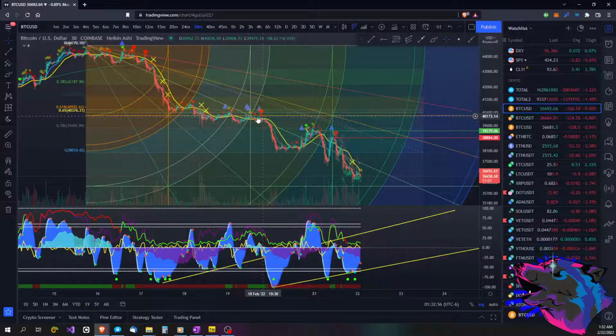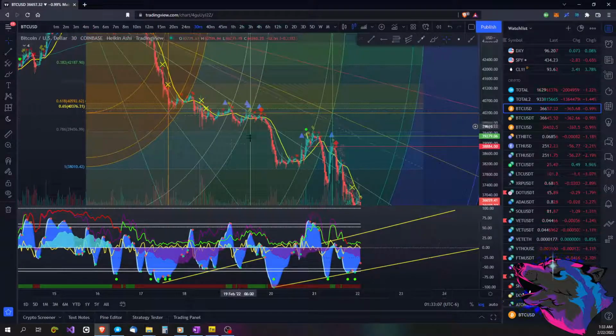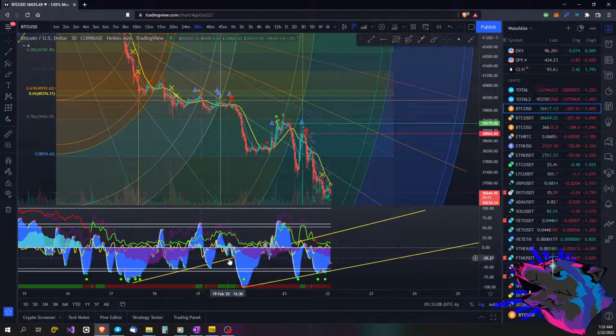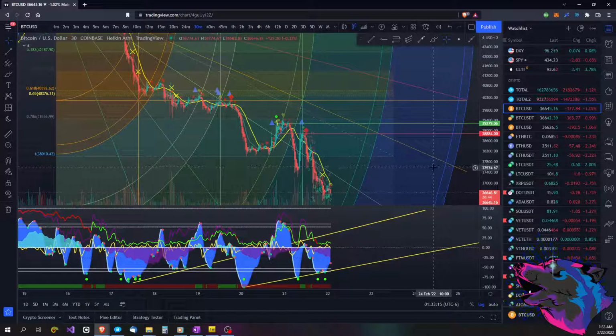After our down, this was our uptrend, which was damn near more down than up. It was just sideways. We had a little there, but nothing to get excited about. And then as we came up, we just got rejected. Big old dump.